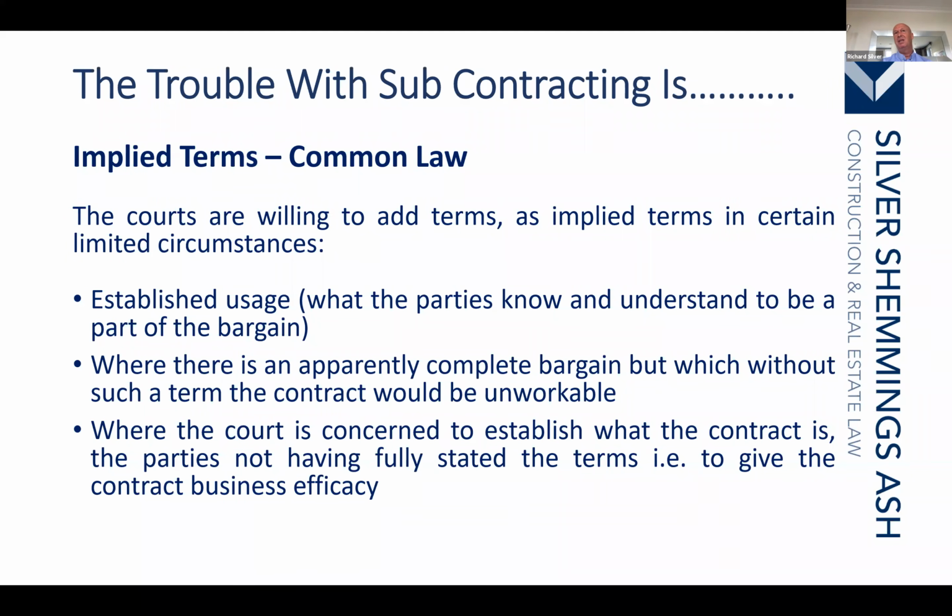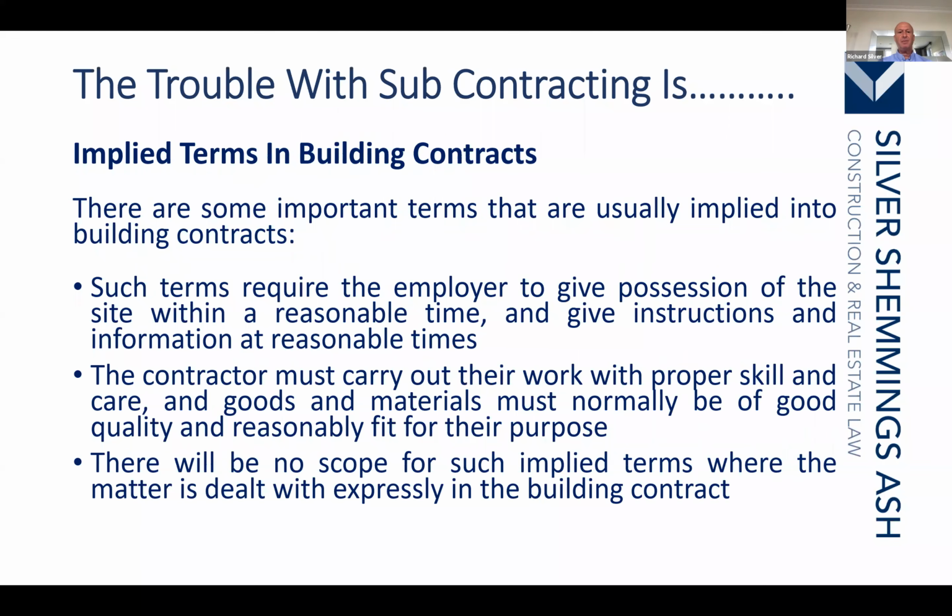And we're back into the same situation as letters of intent, where a party is entitled to a reasonable amount. And it is quasi-contract and restitution. I've got in the notes a number of standard implied terms that go into a building contract. However, some of these implied terms will not be implied if there is an express term to the contrary.